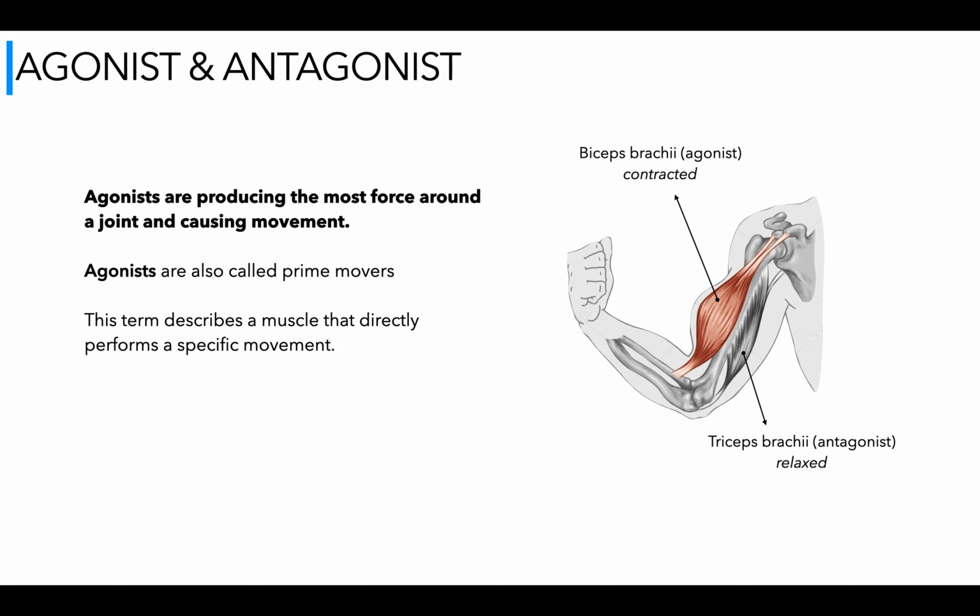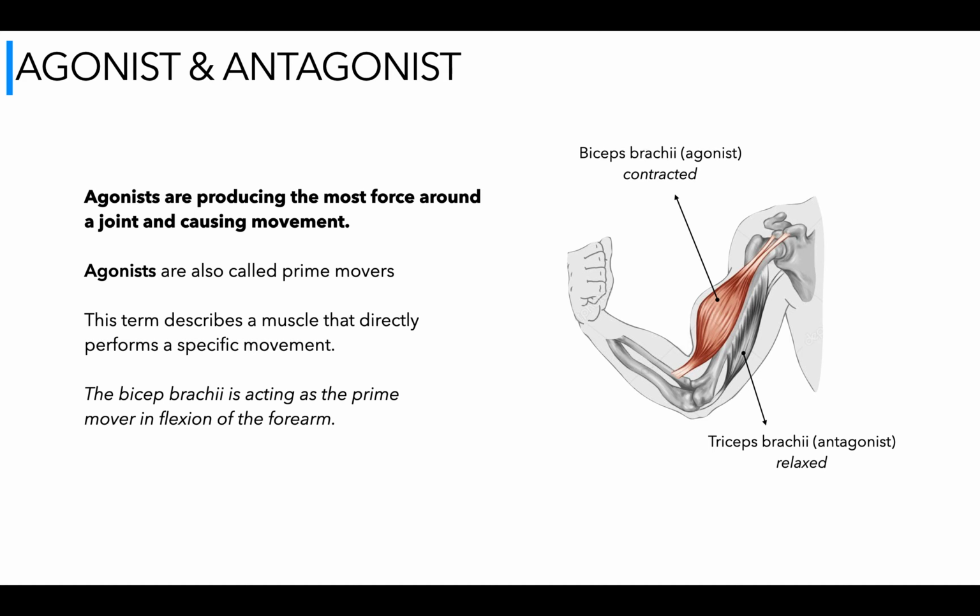This term prime mover describes the muscle, in this case the biceps brachii, that directly performs a specific movement. The specific movement we've got here is flexion of the elbow, so the biceps brachii is acting as the prime mover in flexion of the forearm, flexion of the elbow.